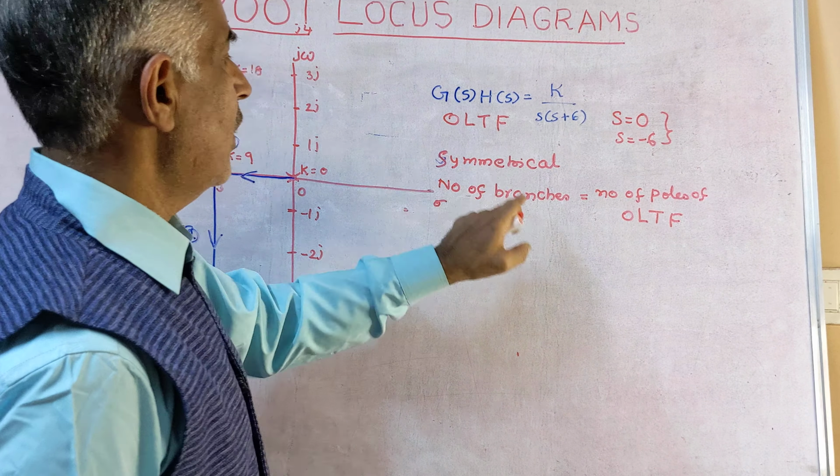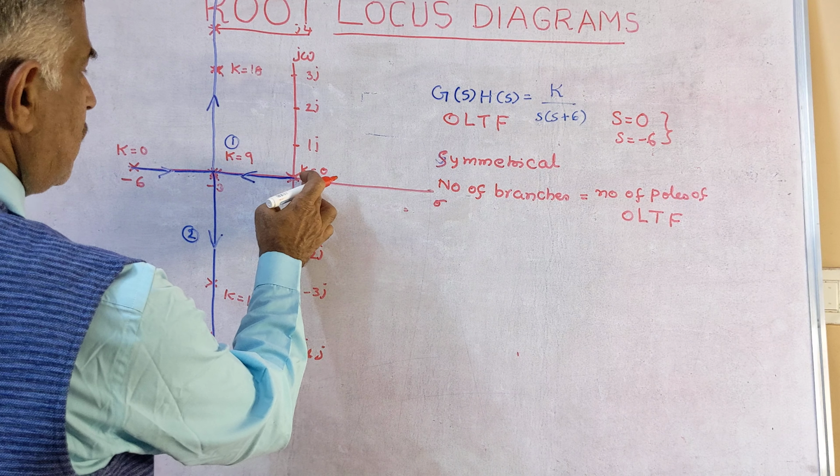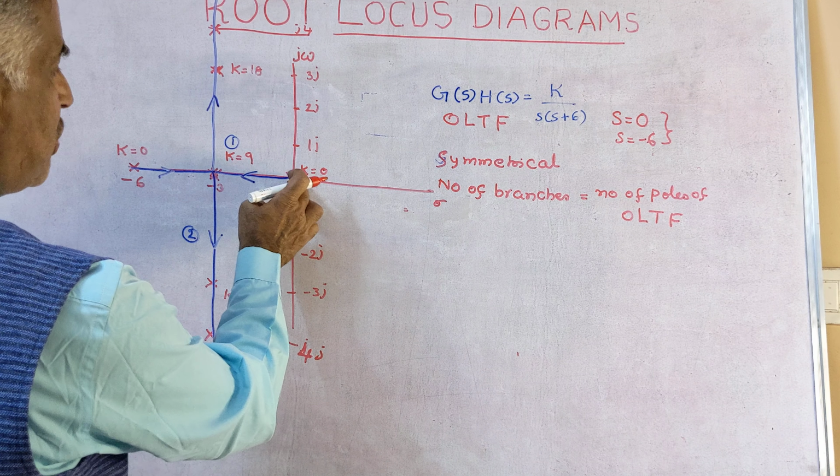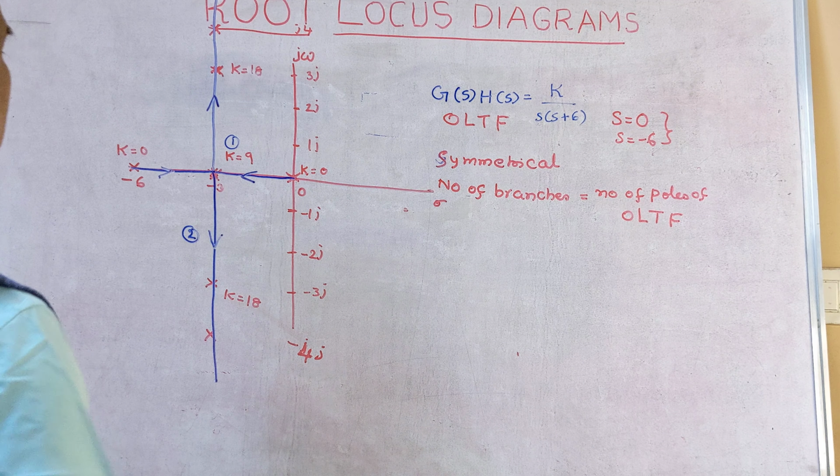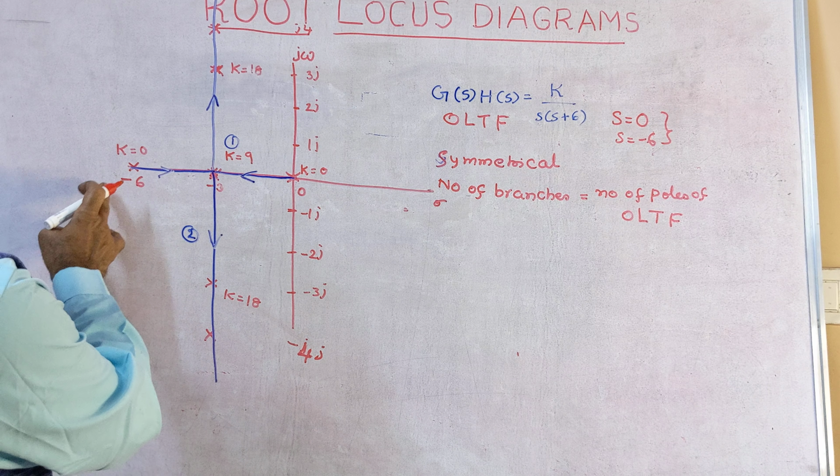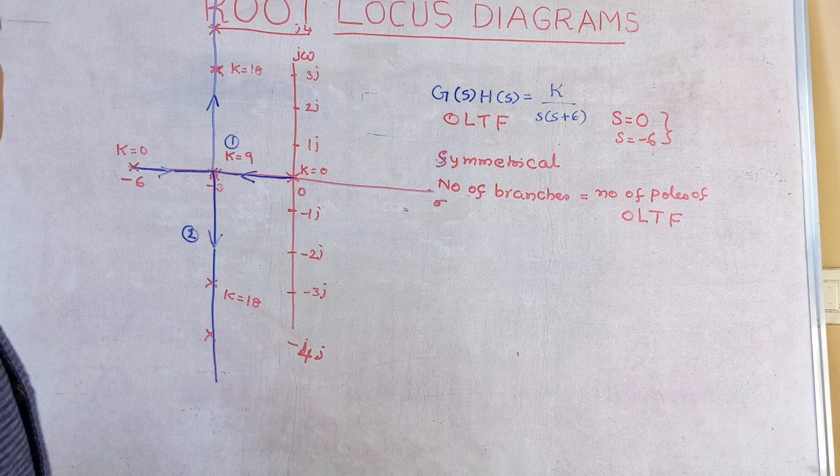Next, where do they originate? See, the first branch is originating at the origin with k equal to 0. Another branch is originating at minus 6, k equal to 0.